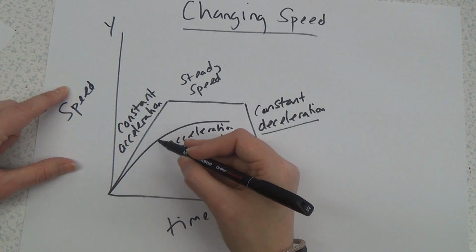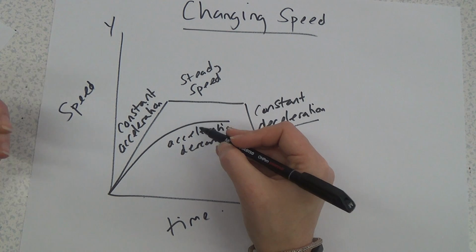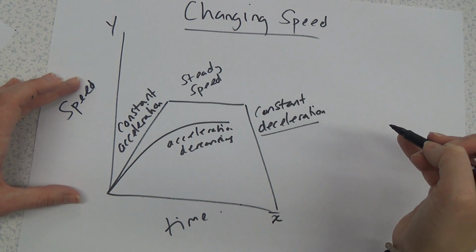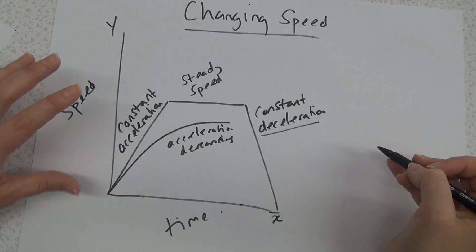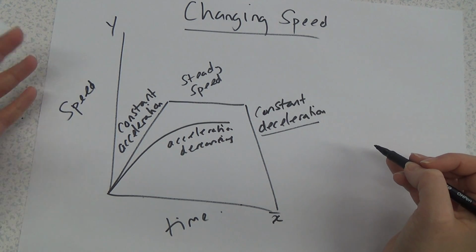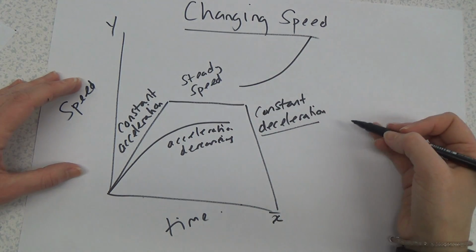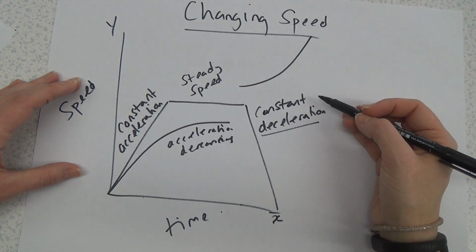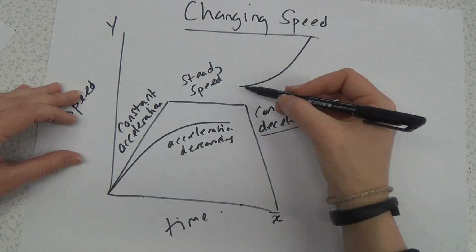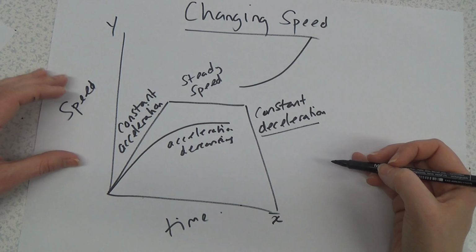However, that starts to get less, and by the end of it, around here, we might be at only 2 meters per second. So going in that direction, we're talking about acceleration decreasing. The opposite, where you might have a line that goes like this, would indicate a non-uniform acceleration, but the acceleration would be getting more. So it's an increase in acceleration.